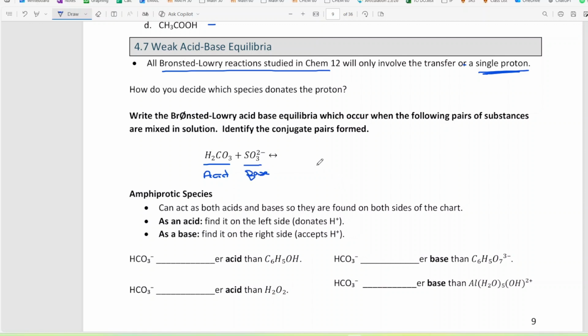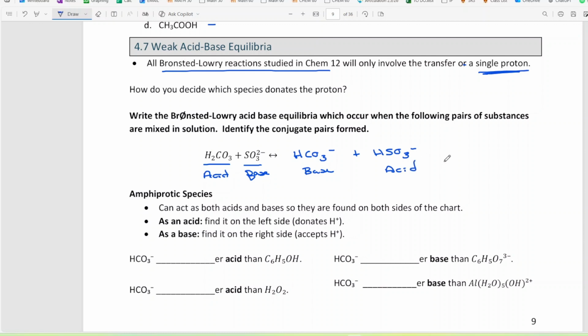Easy peasy. So in this proton transfer, H2CO3 loses a proton and becomes HCO3 minus, and the SO3 2 minus gains that proton and becomes HSO3 minus. For the H2CO3, this is the acid and here's its conjugate base. For the sulfite ion, this is the base, and this is its conjugate acid.